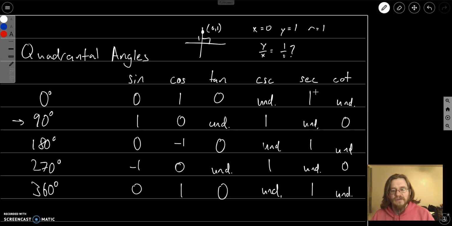Well, we can't divide by 0. So each one of these is fairly straightforward to go through. Just pick the point, say like 1 along each axis. So this is just a quick table showing you that sometimes these are undefined, sometimes they're 1, sometimes they're 0, or even -1. So these are just some angles to be aware of.